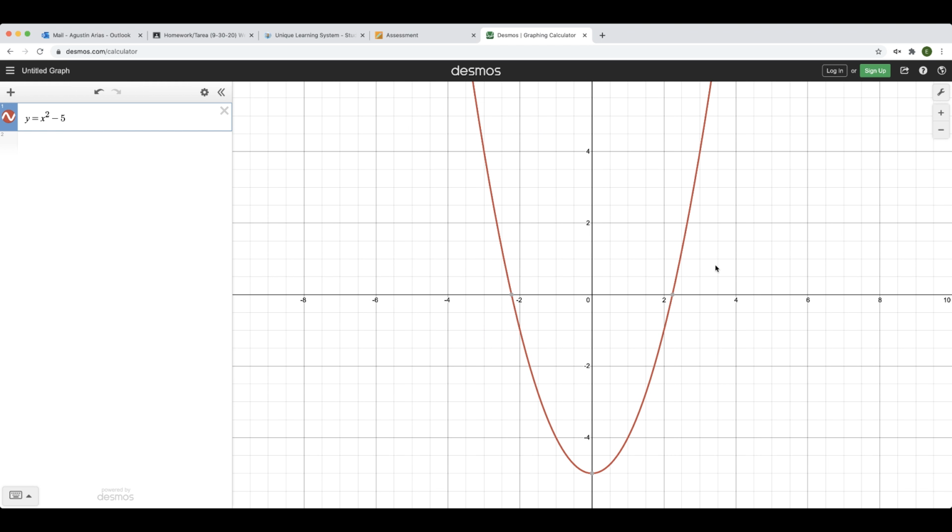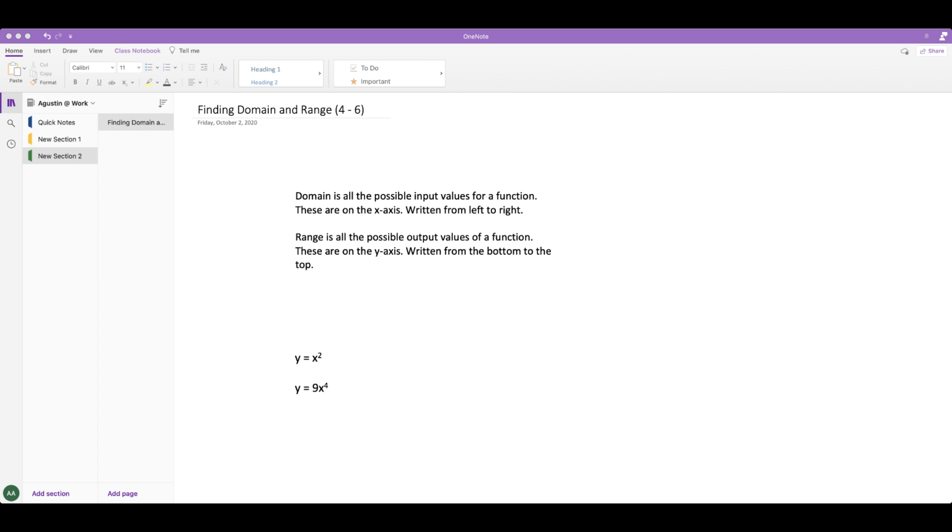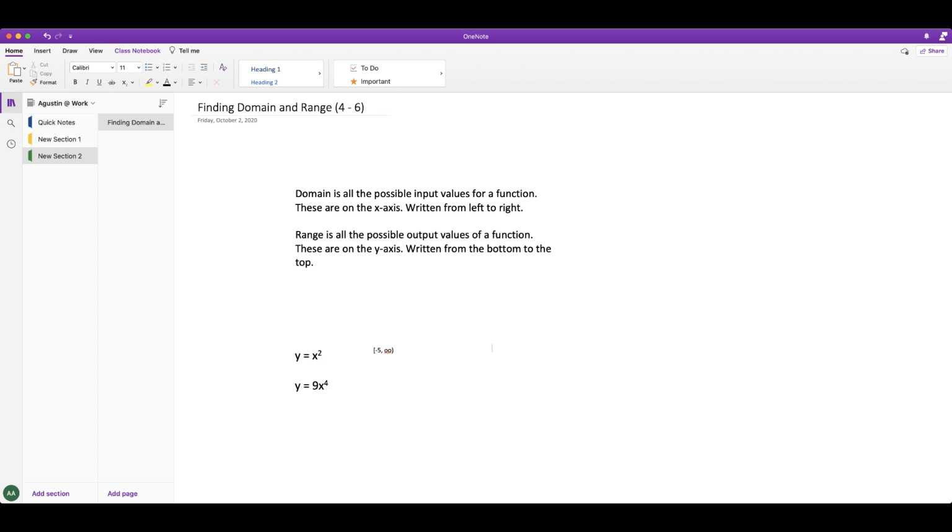Then the range is going to be from negative 5 to positive infinity. It goes up forever. And on these, you're including the negative 5, so it should look something like a bracket, negative 5, comma, and then infinity. You could just look for the symbol, because it's multiple choice. So just be careful with that.